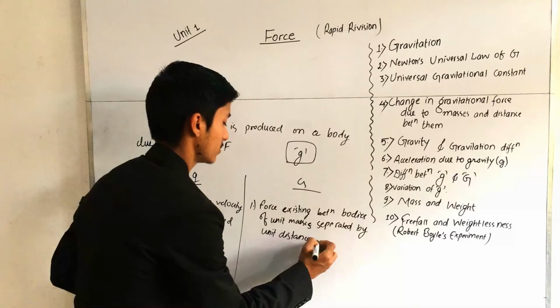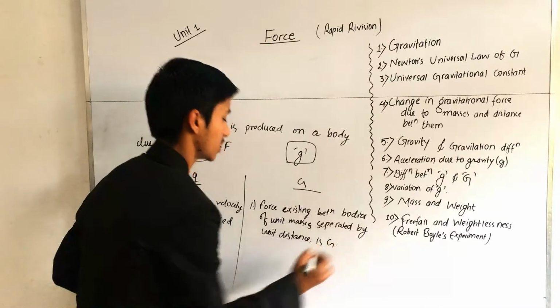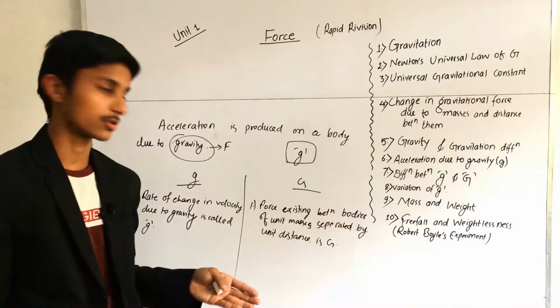It is called the universal gravitational constant.